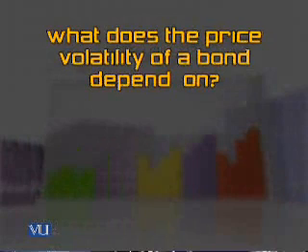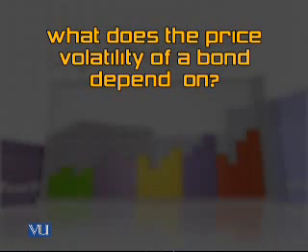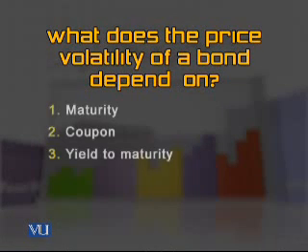What does the price volatility of a bond depend on? Let me tell you: it is maturity, coupon and yield to maturity. We just concluded this. So the price volatility of a bond depends on number one, maturity, number two, coupon rate, and number three, yield to maturity.